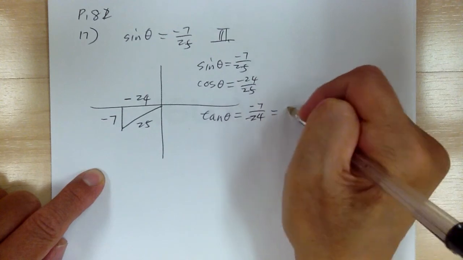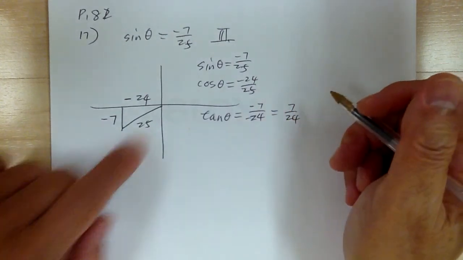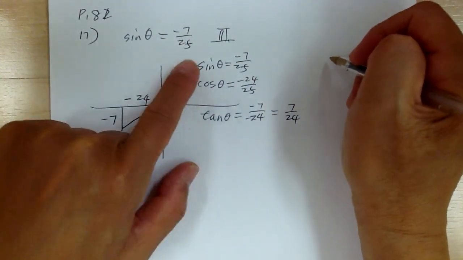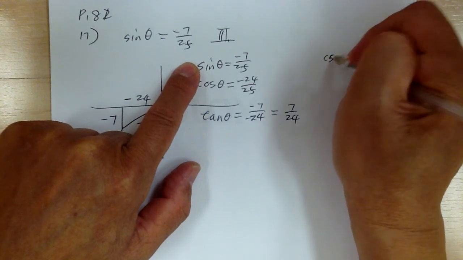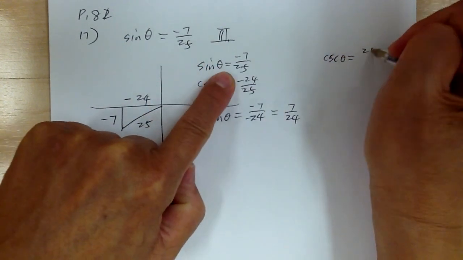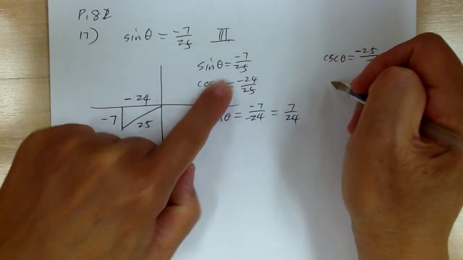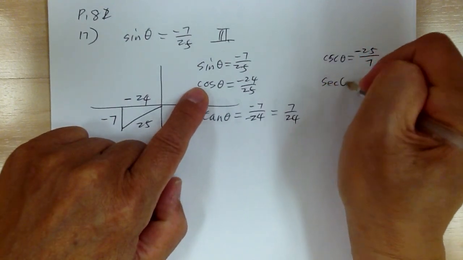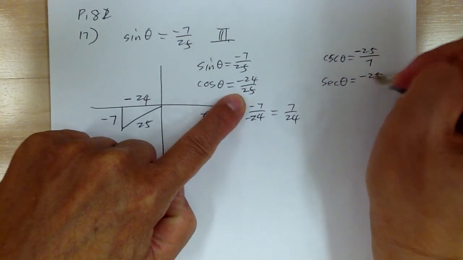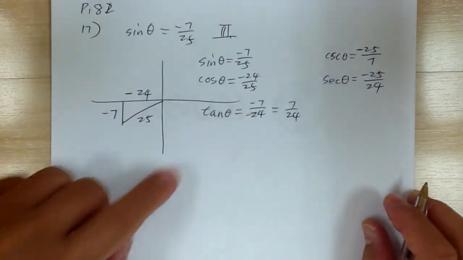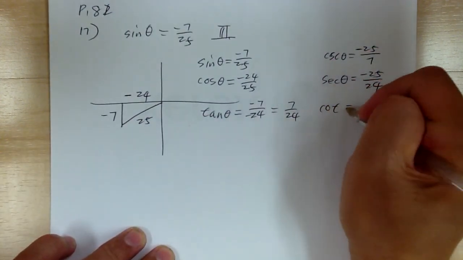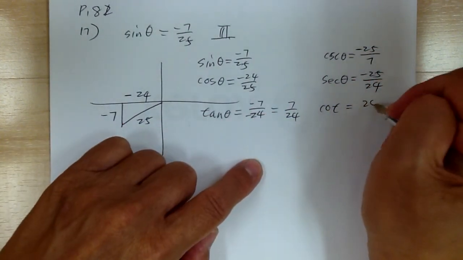So this will equal to 7 over 24. So once you get a 3, you get the other 3. So sine, you get cosecant. It will be 25 over 7 negative. Okay, and then you get secant. It would be -25 over 24. And then cotangent, you flip this over, so you get 24 over 7.